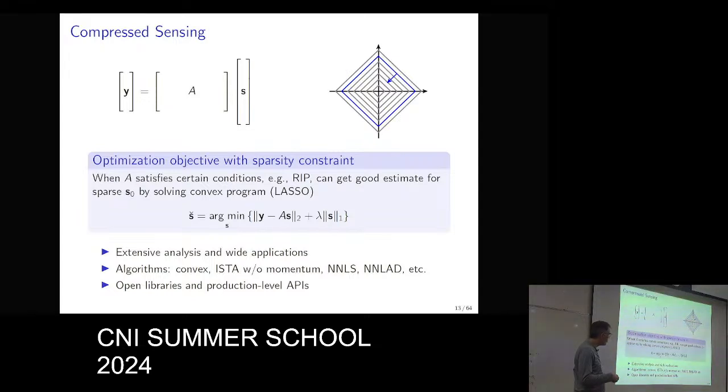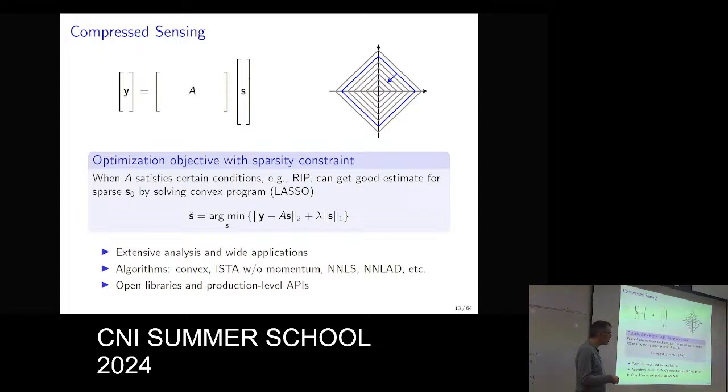We have the iterative soft-thresholding algorithm, with or without momentum. We've seen the one without momentum, but not super long ago, Nesterov introduced a momentum term that really accelerated the convergence of this algorithm. And then there are other formulations.